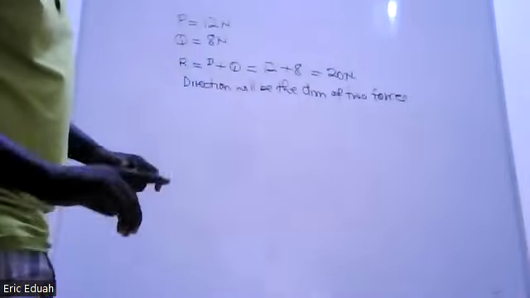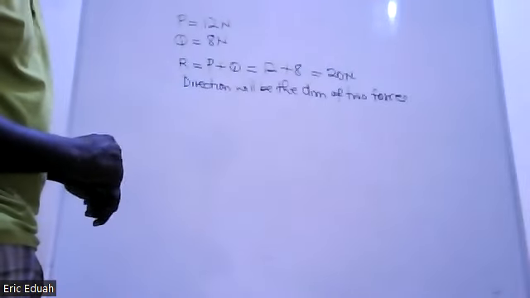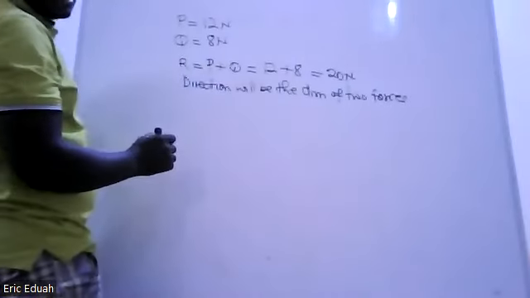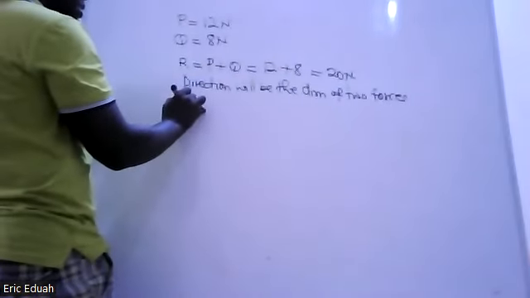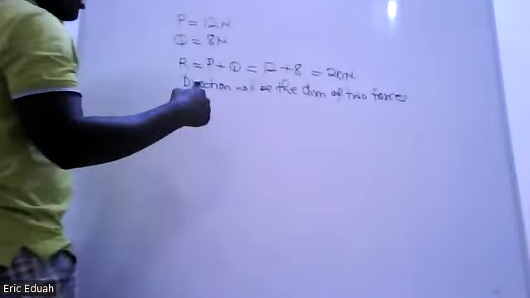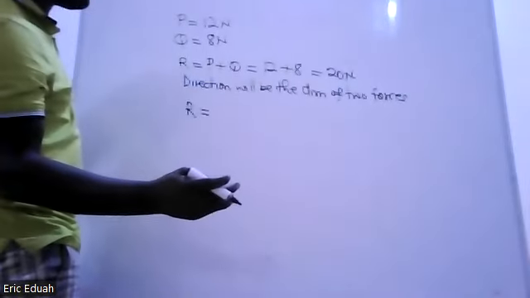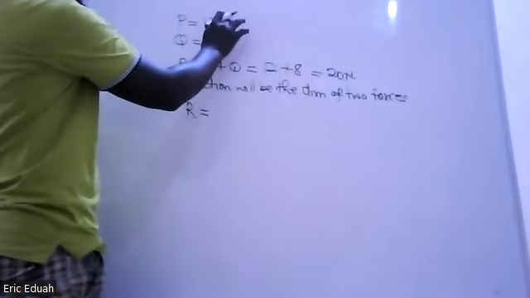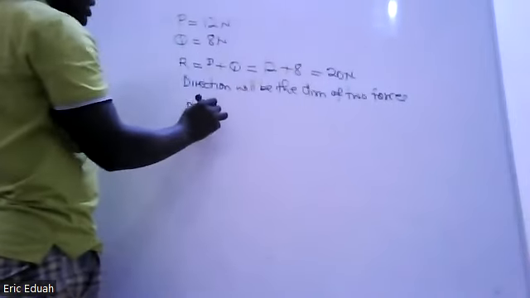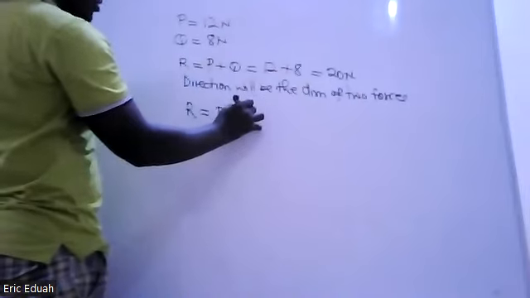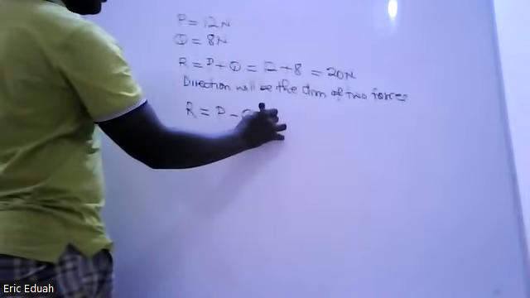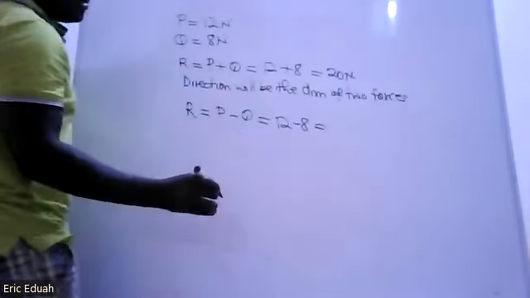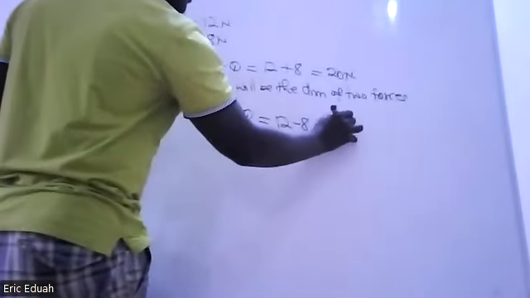P and Q act in opposite directions. So once they act in opposite directions, the resultant will be equal to the lesser one subtracted from the greater one, and the larger one is P. So P minus Q is equal to 12 minus 8, which is 4 Newton.